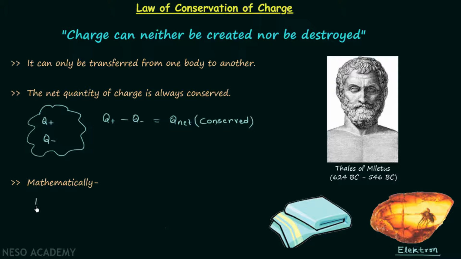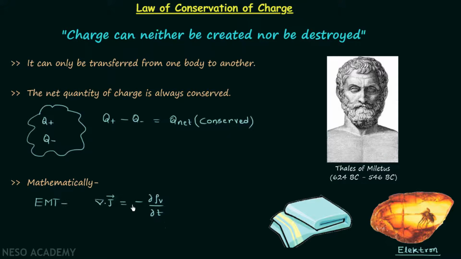If you have studied the electromagnetic theory subject, then you must have encountered the equation of continuity. The equation of continuity is del dot J equal to negative of the partial derivative of rho V with respect to t.